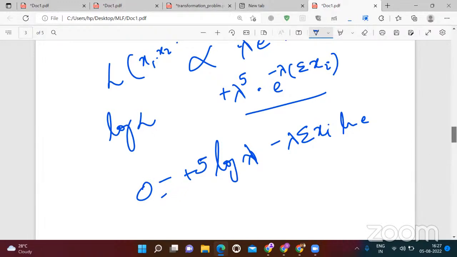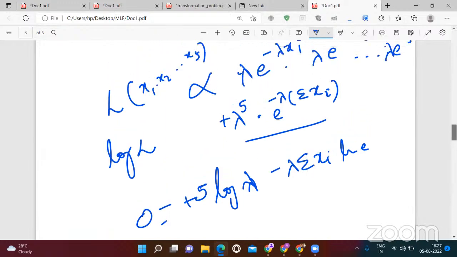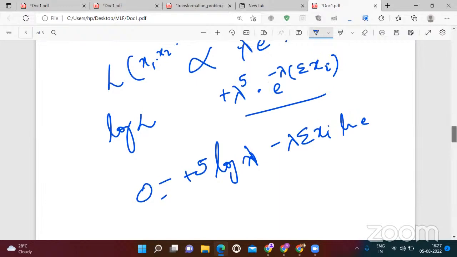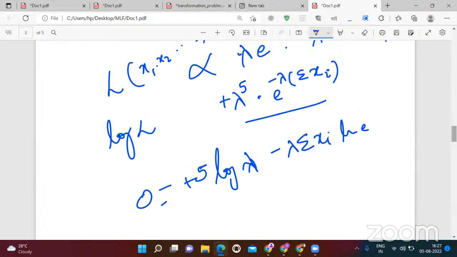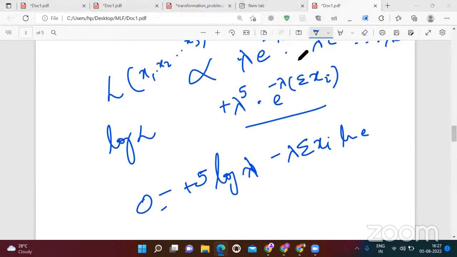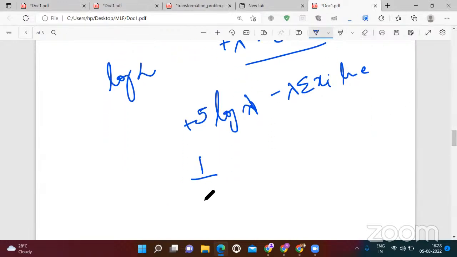If you are differentiating with respect to lambda, you are getting something like this, right? Now if we are differentiating, you'll get 1 upon lambda.